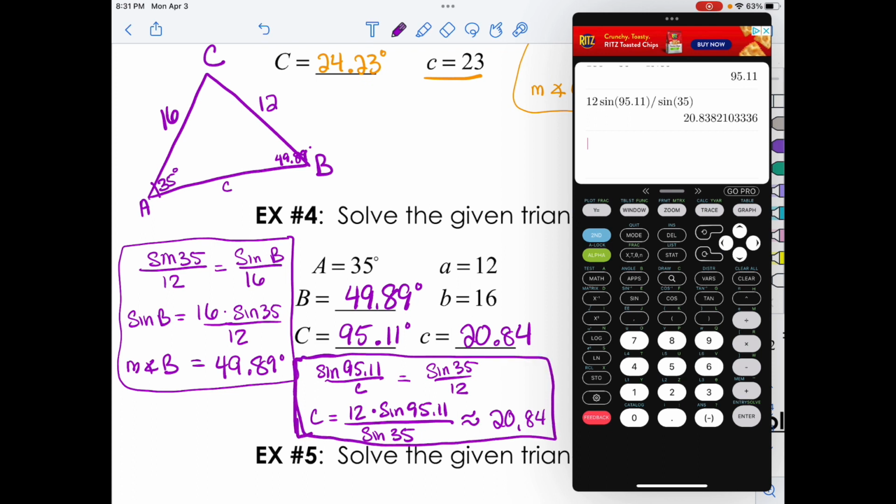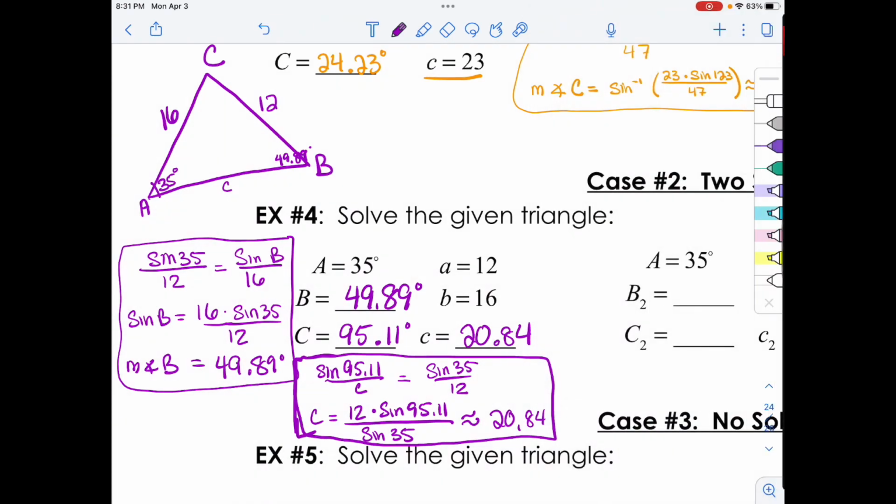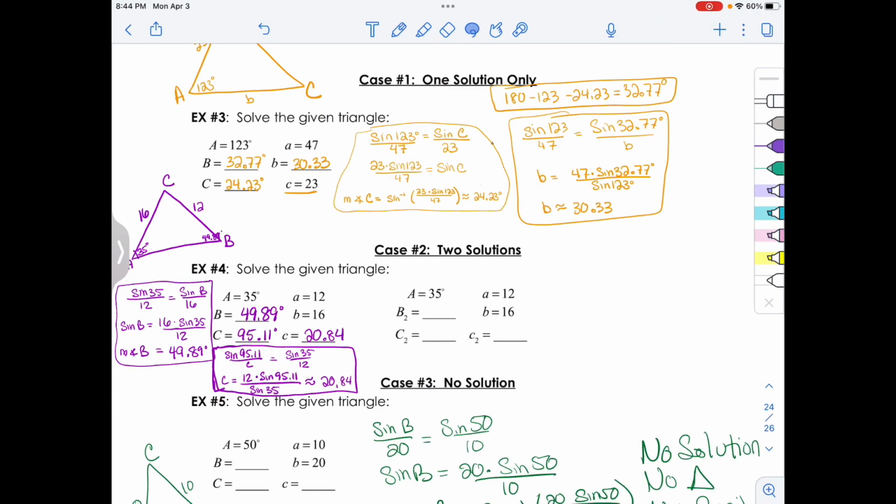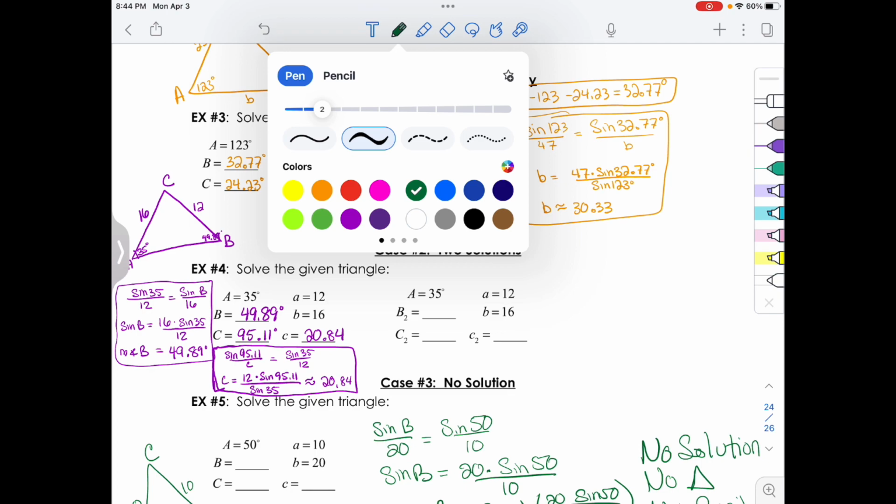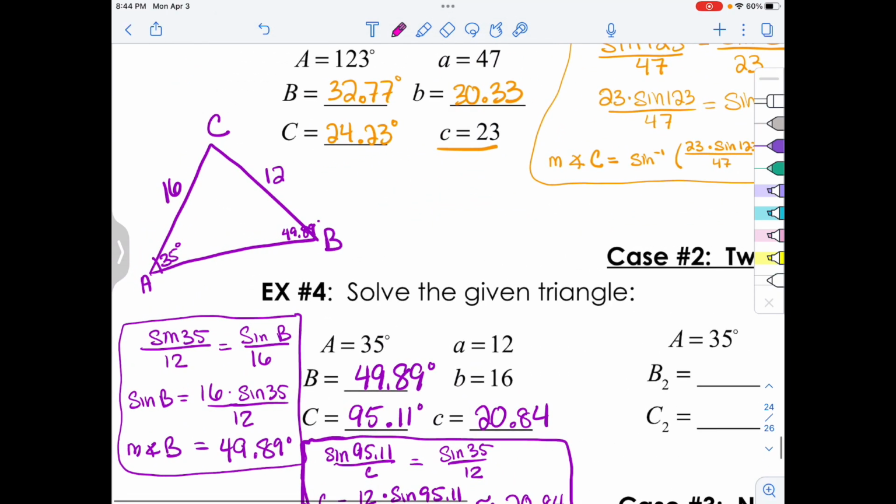Okay, so now I want to show you visually how to look at this ambiguous case. So let's look at how we find that second triangle. If we go back to the visualization, the picture that we've been working with, remember we talked about this side, the length of 12, could have swung in this direction and made that obtuse triangle, where the 12 is here, and instead of angle B being on this side, angle B is right here.